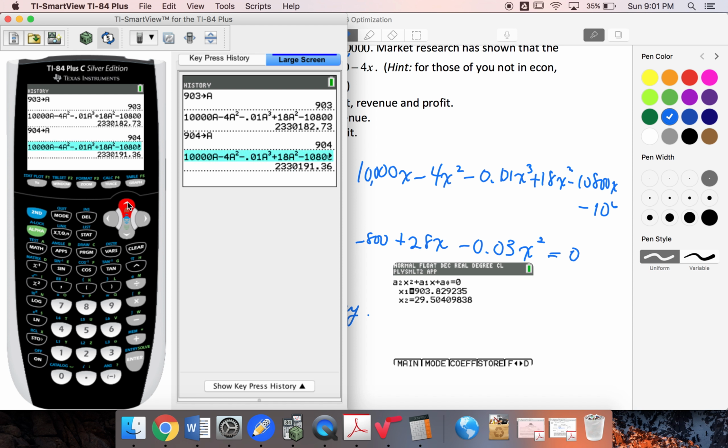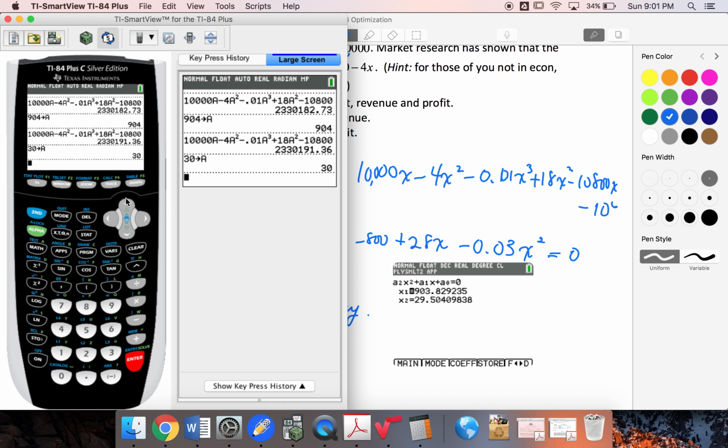Let's check and see what happens when I have 30. Because I need to have a whole number of motorcycles, I want to check all of these options.